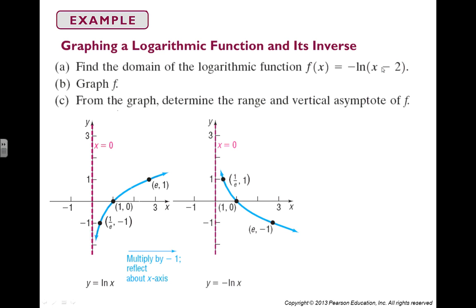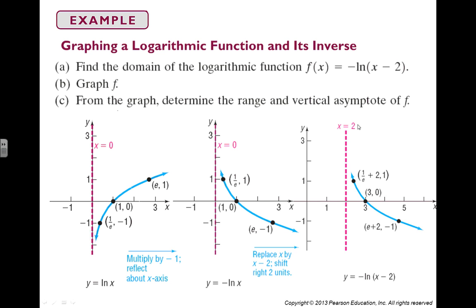So the domain is all x values greater than 2. That makes our vertical asymptote at 2 because it's a shift. The negative causes us to reflect across the x-axis. So we were like this, now we're like this, and then we shift over 2.